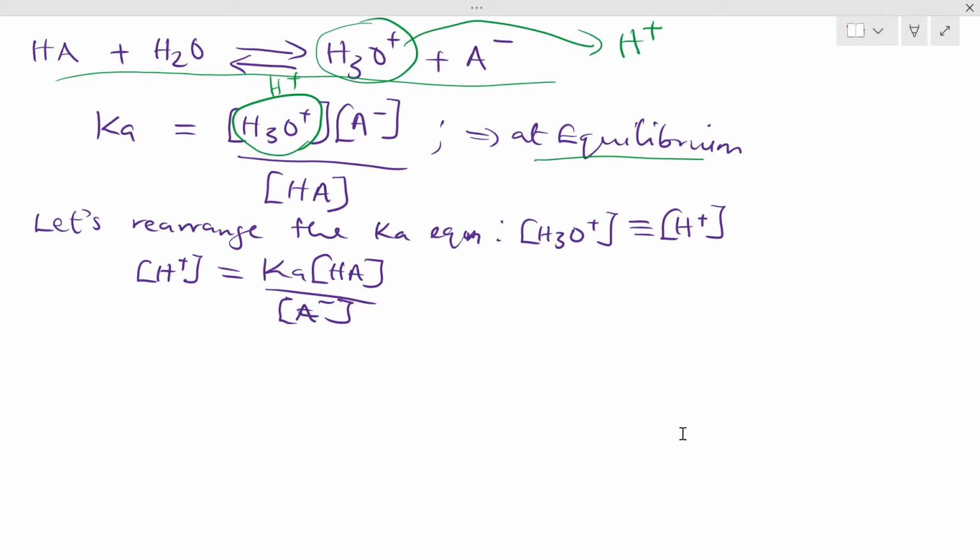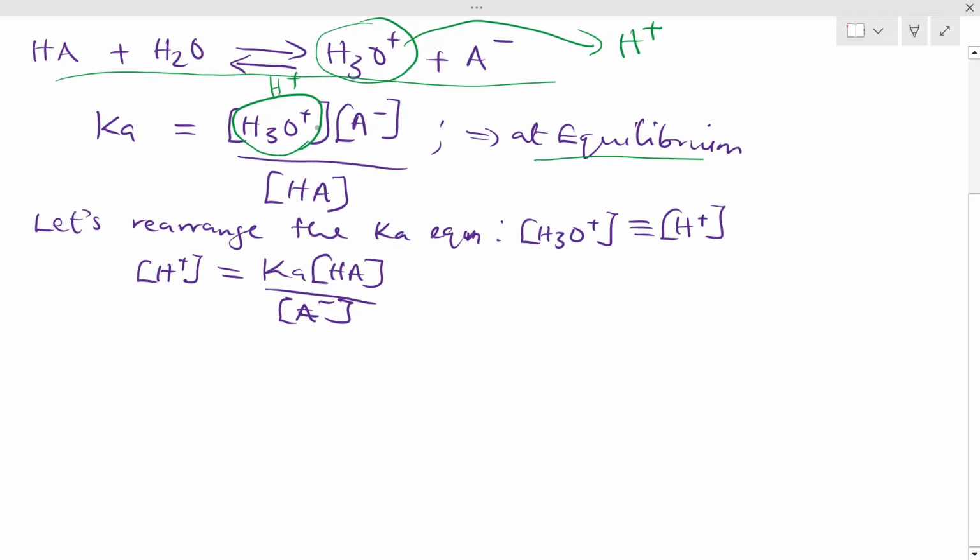So you let HA represent the weak acid that is dissociated in water, and you show how the reaction went. After that you show the acid dissociation constant. The dissociation constant is always the concentration of the products divided by the concentration of the reactant at equilibrium.